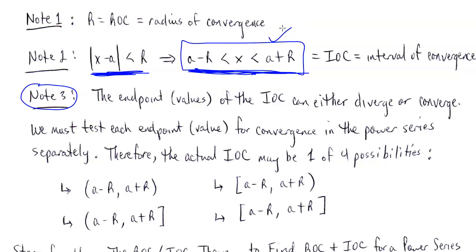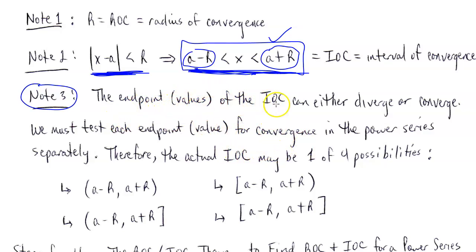In a case 3 situation, what is undetermined is whether, if we plug in a minus r or a plus r as an x value into our power series, the power series will produce an infinite series that will converge at those end values. Okay, and so that's what note number 3 is talking about here.